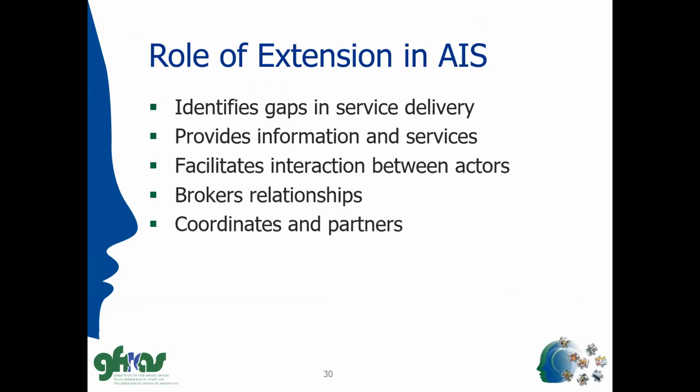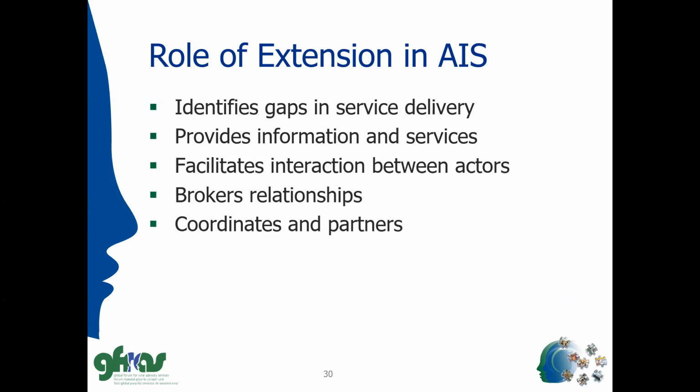So if we look at this different role, think of that linear pathway I showed you from research to extension to farmers, and then compare it to the agricultural innovation system. There's huge implications for the role of an extension agent and of the extension system within those two different models of extension and advisory service.